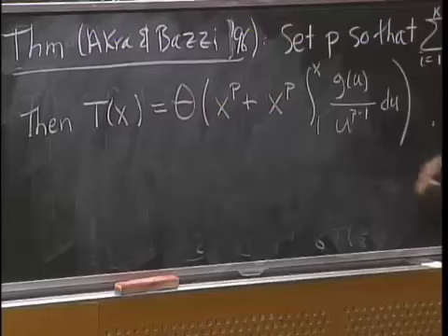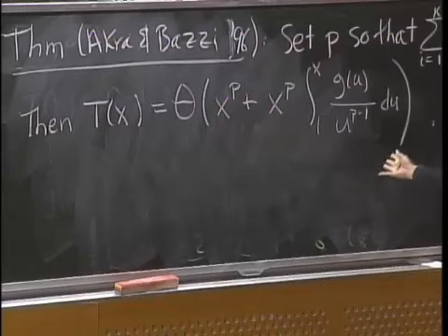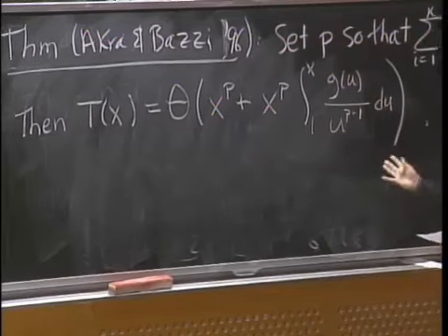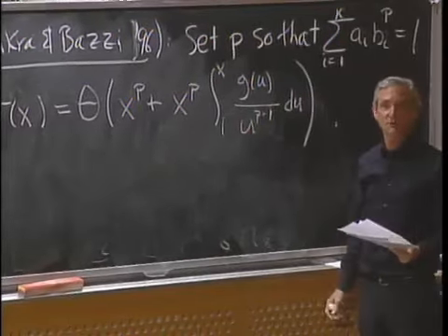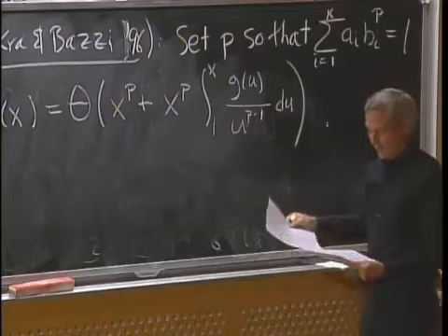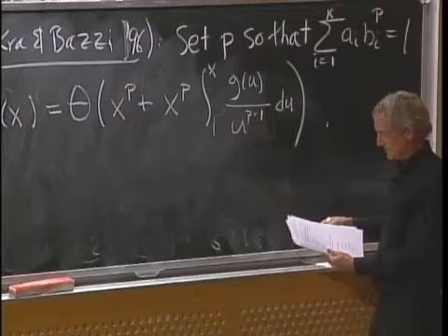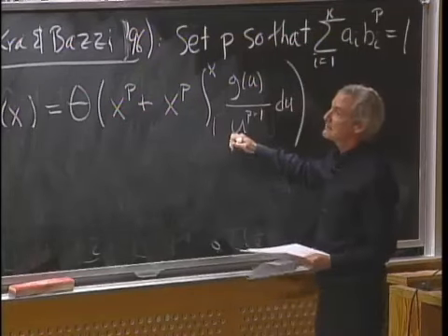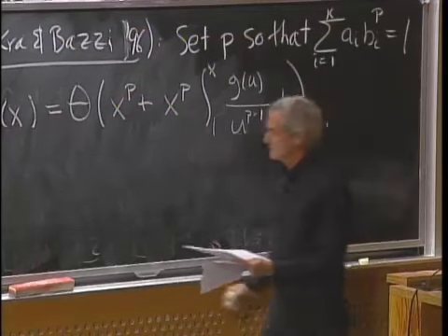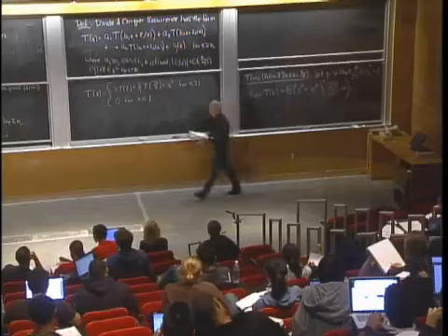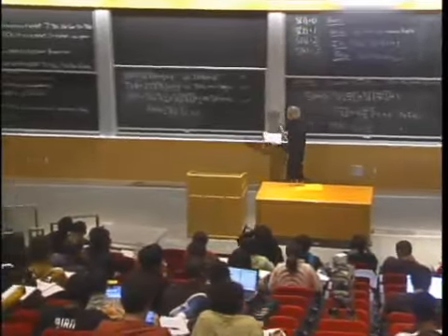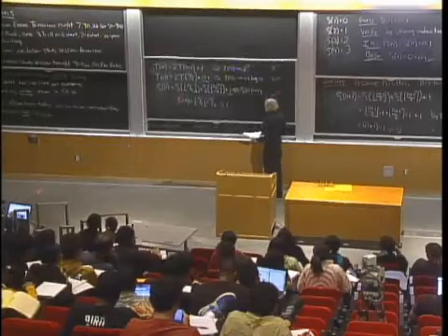It's asymptotic notation. But it works, and you can verify it by induction. It's a little painful to verify by induction, but you can do it. We won't do it in class. I did try one year, and it was a disaster, so we don't do it in class anymore. But let's see some examples of how to apply this. So let's start with merge sort, which is the second one here. Let's do that.